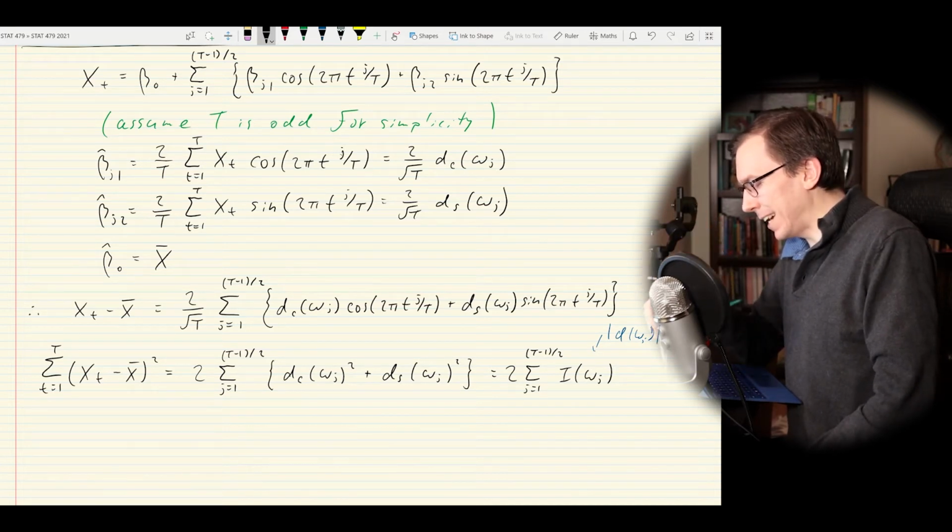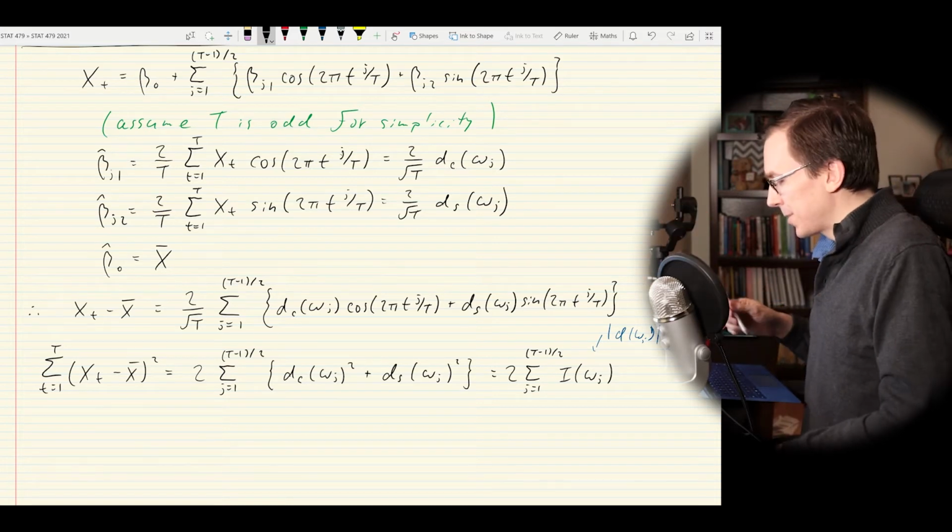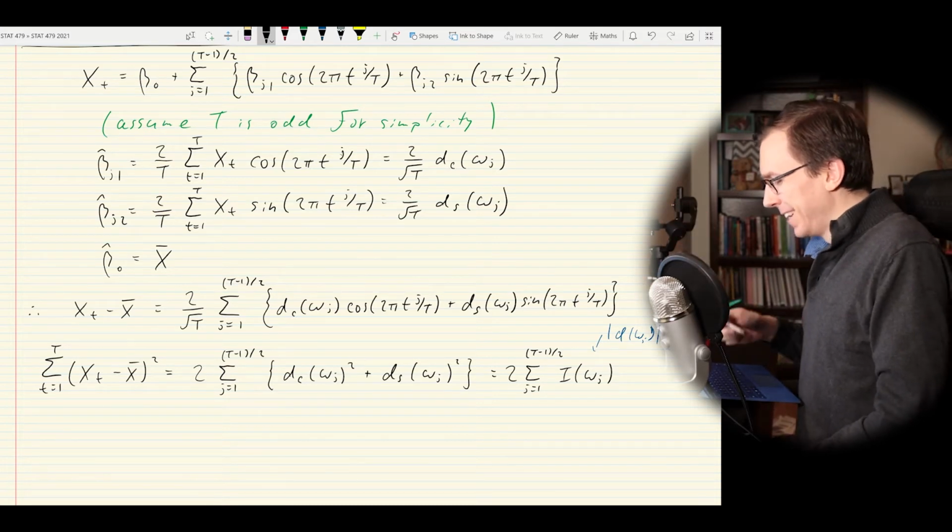But roughly the idea is that the cosines and the sines are orthogonal to each other. So every cross term sums up to 0. The only ones that don't sum to 0 are the ones that correspond to squaring the cosine transform and the sine transform, and then the coefficients cancel out. So that's the hand wave.